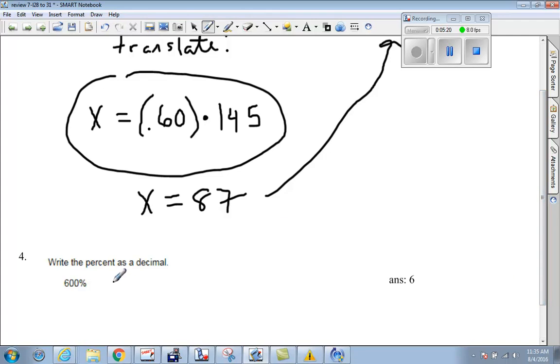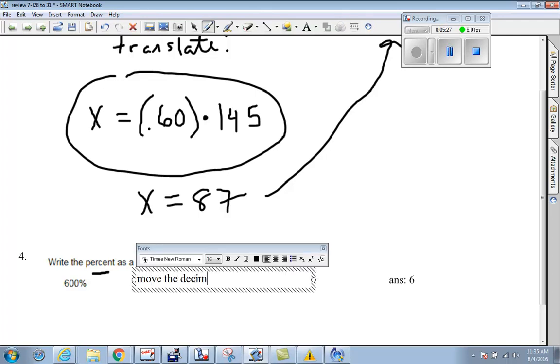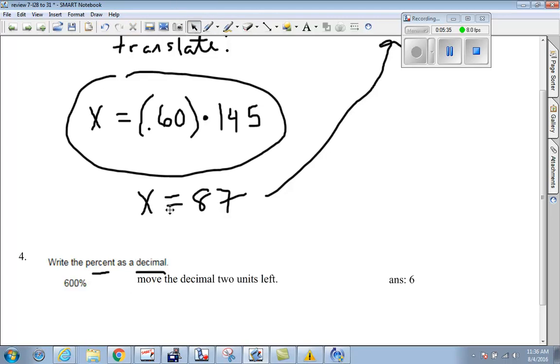All right. With this one, we have to write the percent as a decimal. So if in your mind you're thinking move the decimal 2 units left, you should be thinking that. That's our general rule to go from percent to decimal. But you might be thinking, well, where is the decimal?